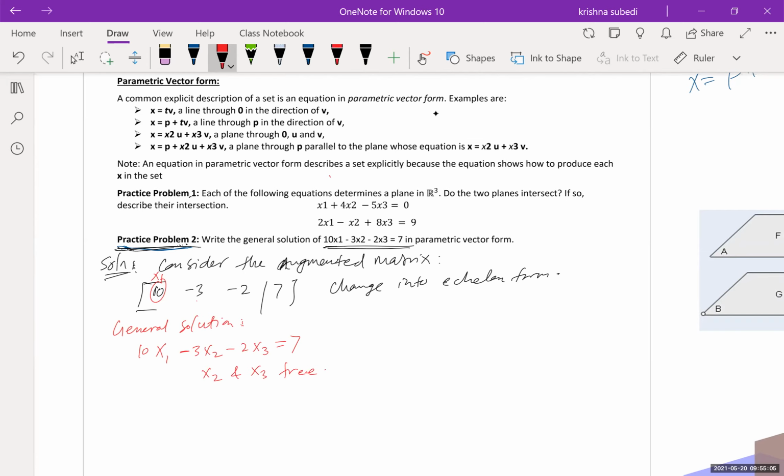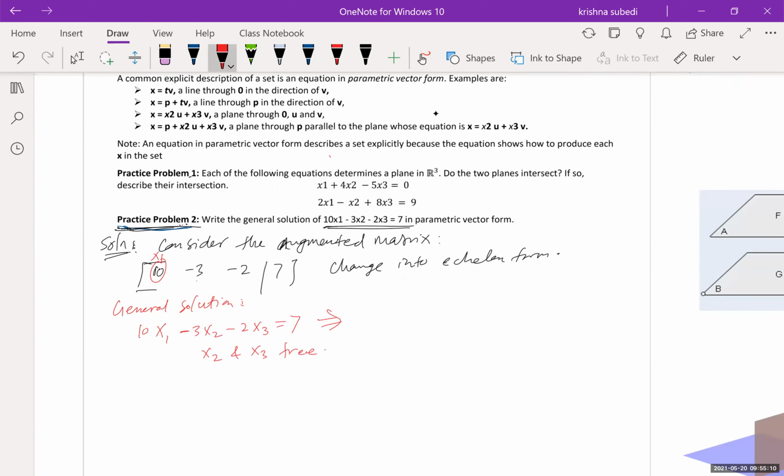So what happens if we have two free variables? Let's look at that. Let's solve this for x1. So I'm going to get 10x1 equals 7 plus 3x2 plus 2x3. So I can write x1 equals 0.7 plus 0.3x2 plus 0.2x3, right? So you can write that way.